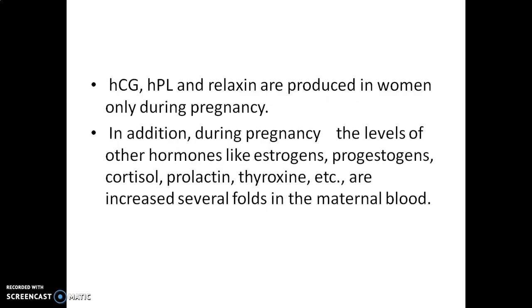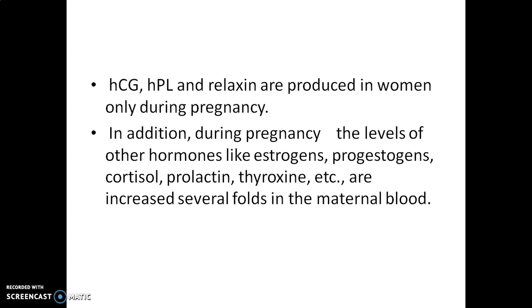And HCG, human placental lactogen and relaxin are produced in women only during pregnancy. So in women, these three hormones are produced only during pregnancy. You can expect a 1 mark question from here.